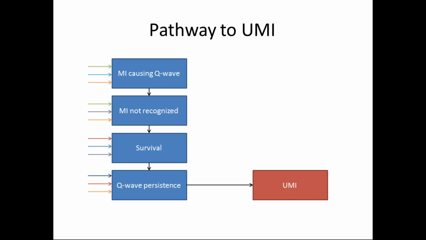So it's possible that the medical team actually knew that the person had an MI, but they either didn't understand or denied it. They had to survive. That Q wave had to persist, right? So Q waves also resolve. So all of these things may have different risk factors, and all we're seeing is sort of the mush of these risk factors associated with unrecognized MI. We don't see the full pathway.